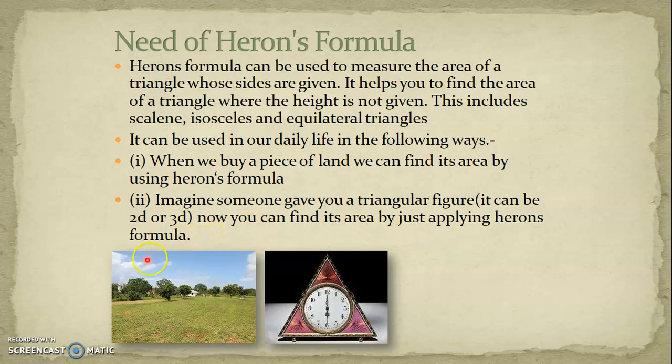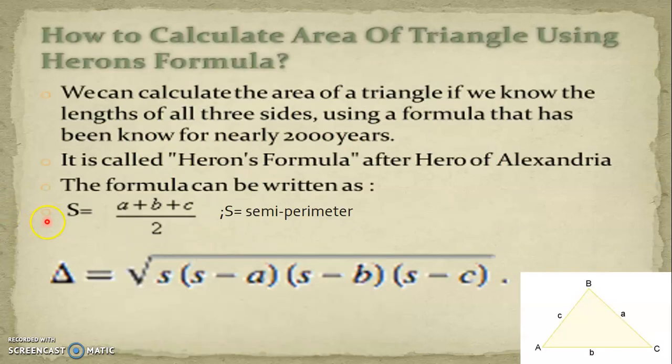I hope students you have followed what I am trying to explain. Basically we will study this only, Heron's formula. So what is Heron's formula? The square root of S, S minus a, S minus b, S minus c.